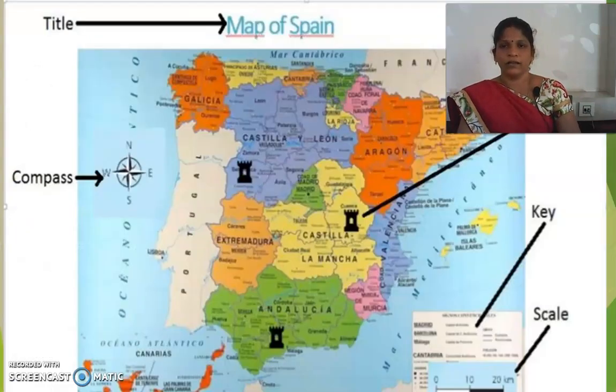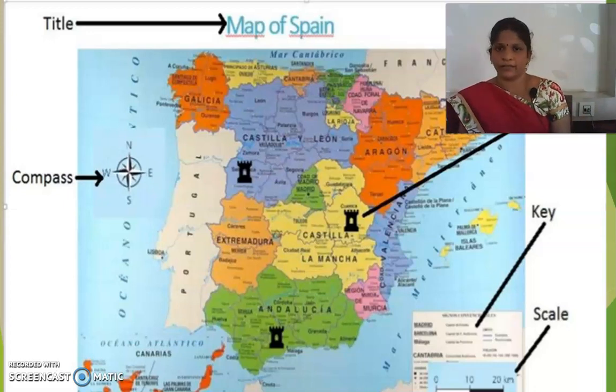Now, here I am giving a map for you with all the components. Here is a map of Spain. How do we know? With the help of the title component. The title helps us to know what the map is. It is the map of Spain. Then the compass. Where is Castilla in relation to Leon?